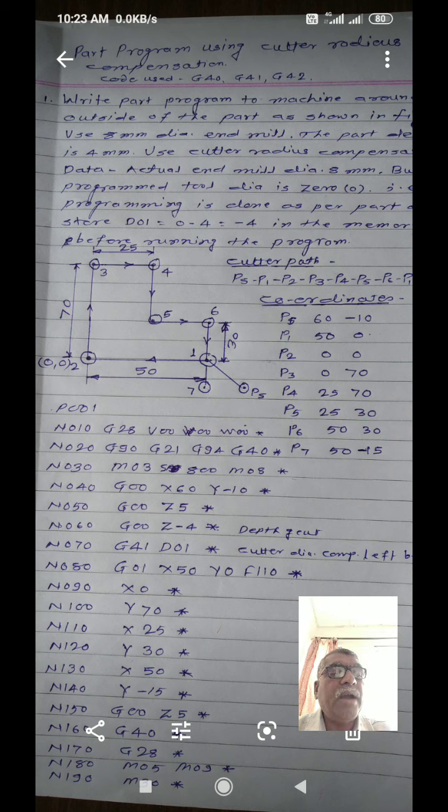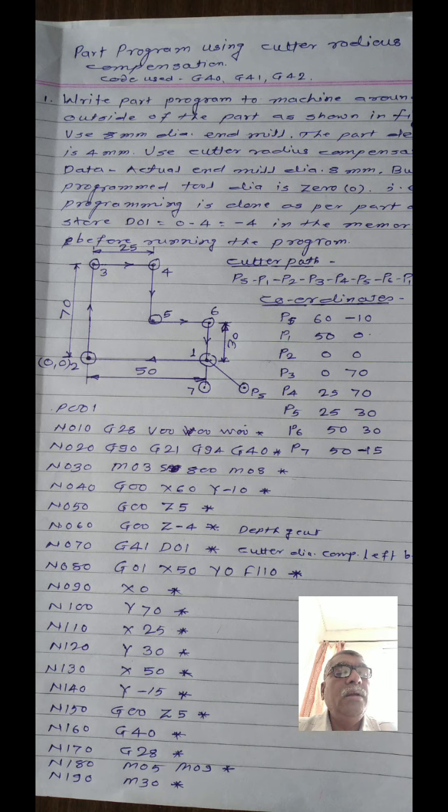When the offset file is called, the tool path is automatically offset by the tool radius. For any change in the cutter diameter, this offset can be changed. There is no need to make any change in the program. Is it okay? Means you have to save the offset value in the control system under the address letter D01 or D02. Is it okay?